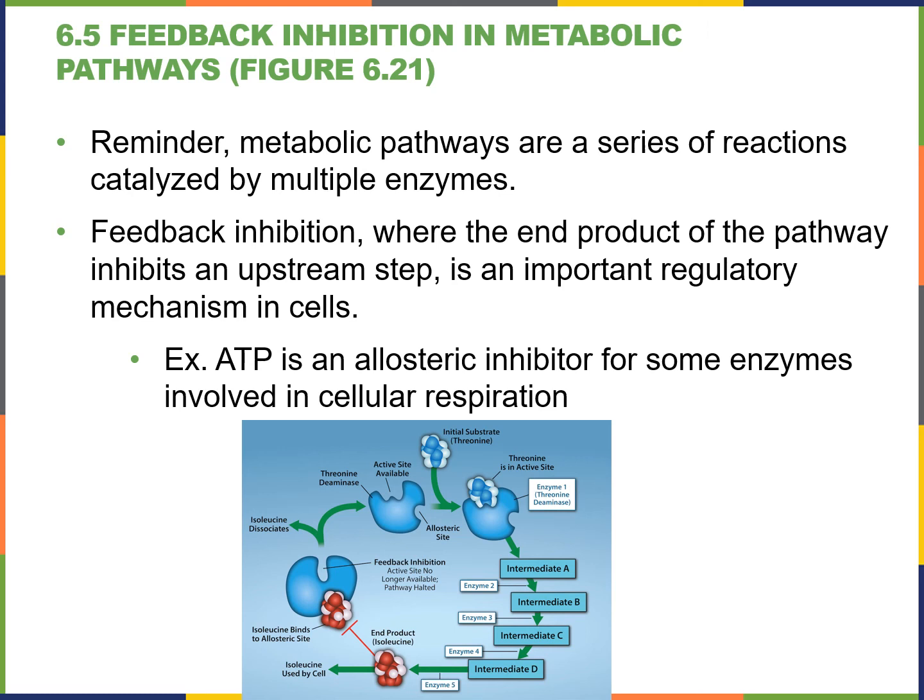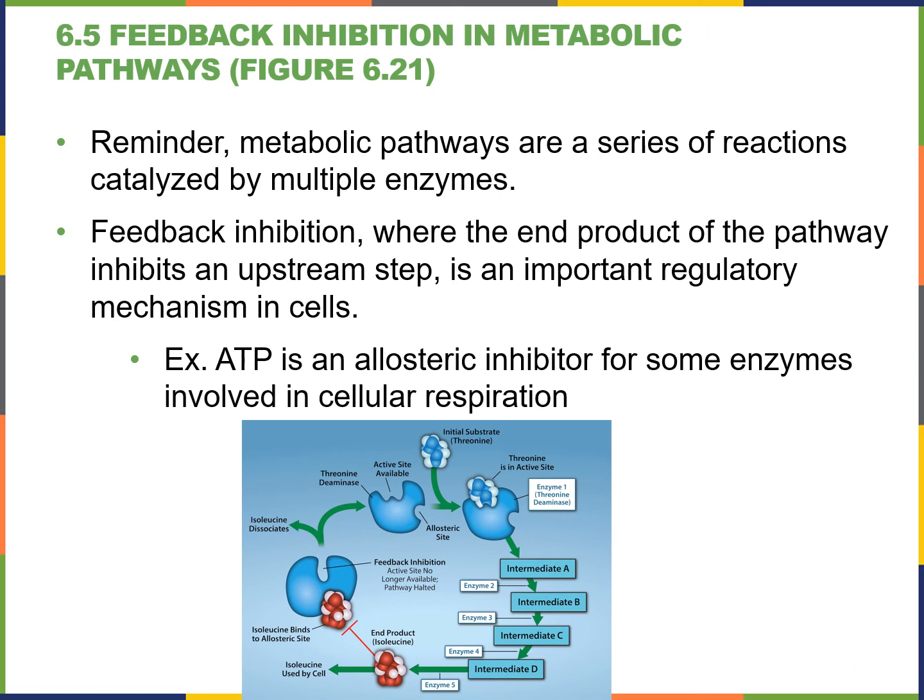I want to talk briefly about feedback inhibition. Feedback inhibition involves using a reaction product to regulate its own further production. So the cell is going to respond to the abundance of specific products by slowing down production during anabolic or catabolic reactions. Such reaction products may inhibit the enzymes that catalyze their production through the mechanisms that you can see in the picture here.